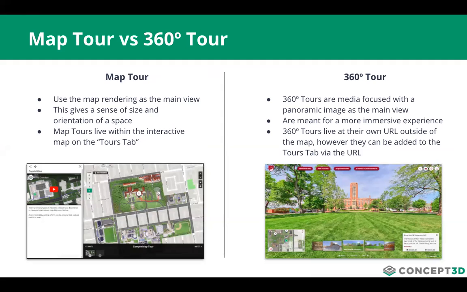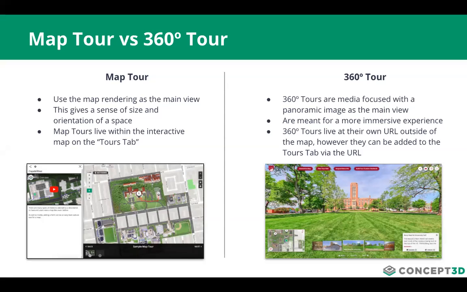They give you a sense of where you are within the campus, and the size and space of things around you. These will display underneath the Tours tab of the map, all managed through the interactive map CMS.